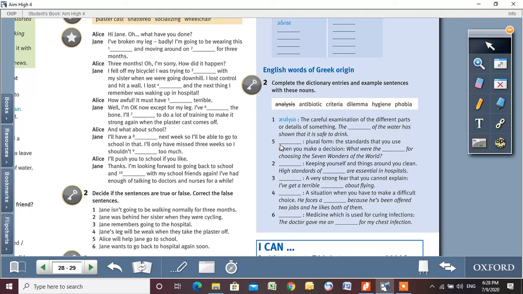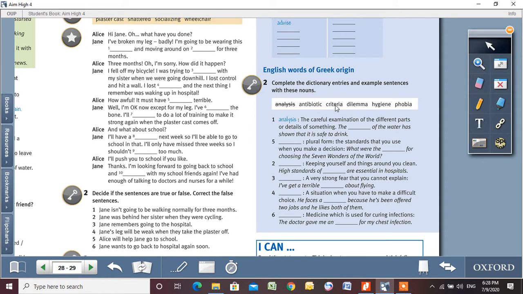The next one is number 2. Of course here they made a mistake. They wrote it's number 5, but it's number 2. The plural form. Do you remember criteria?